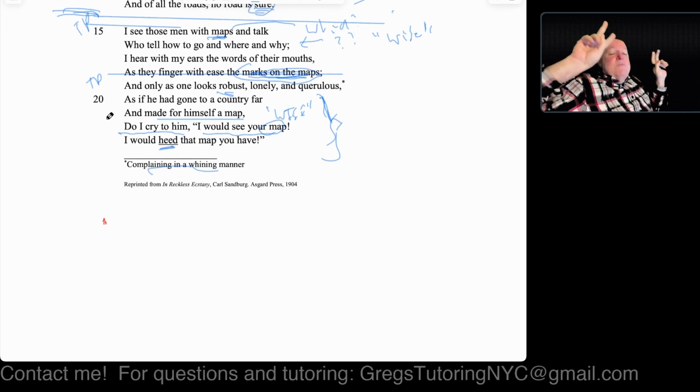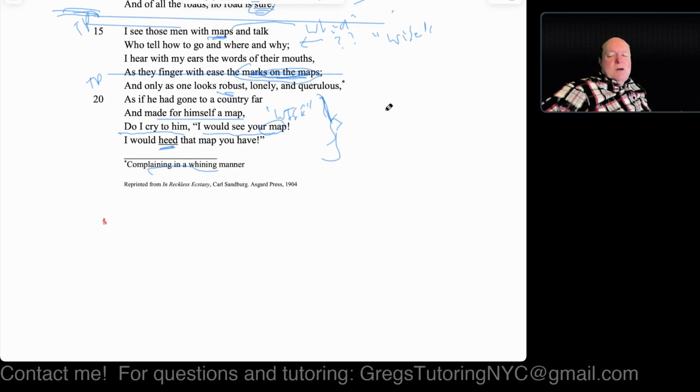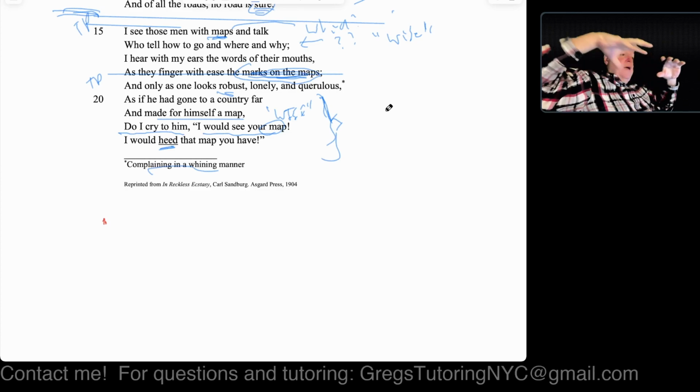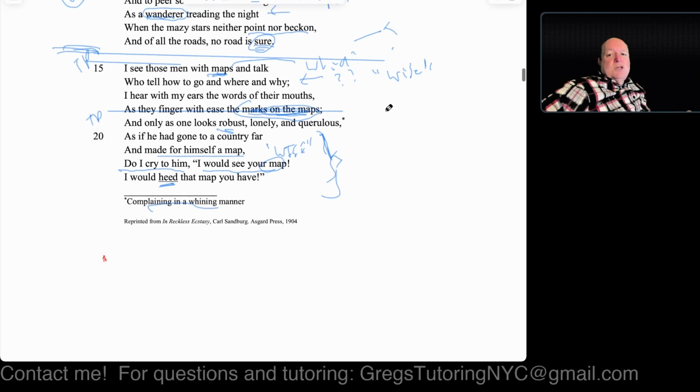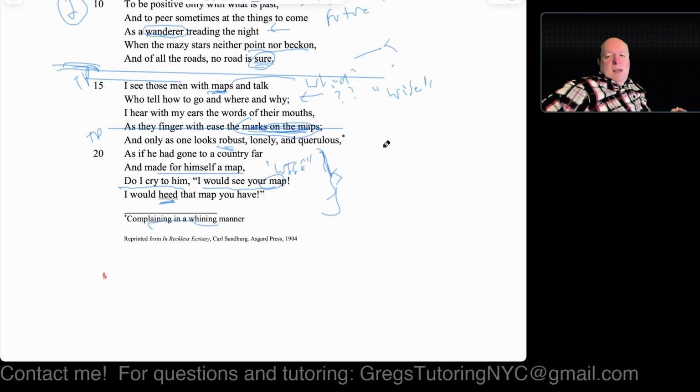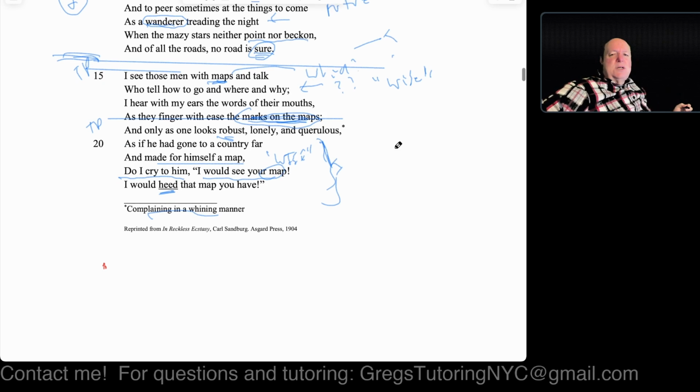And, quote, that's his map. The maps here, I don't think of physical maps with actual routes on them. They're talking about the map of life, the journey of life that you're going to go through. And he likes the fact that the guy sitting there robust and lonely seems to have a good story to tell.